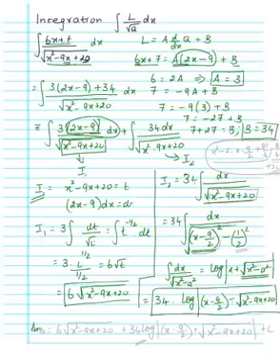So your answer will be 6 into square root of x square minus 9x plus 20 plus 34 log modulus x minus 9 by 2 plus square root of x square minus 9x plus 20, close the modulus and then plus c.